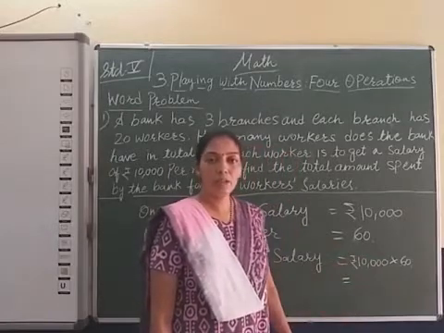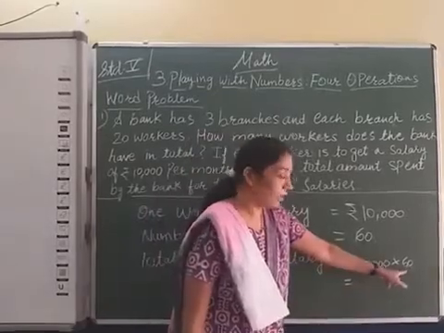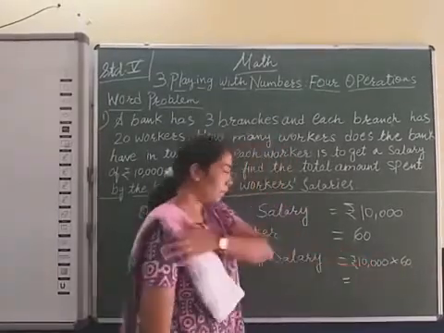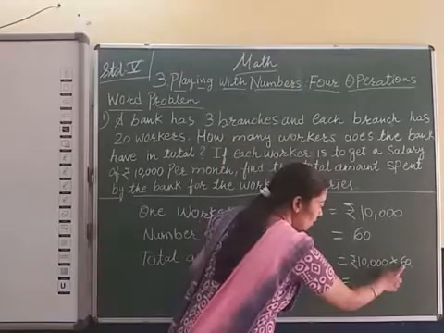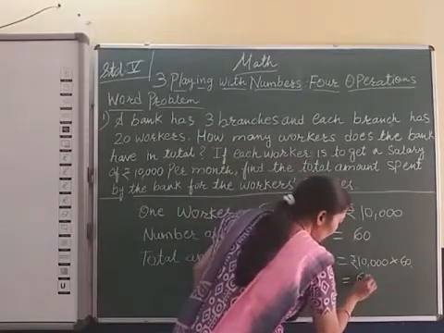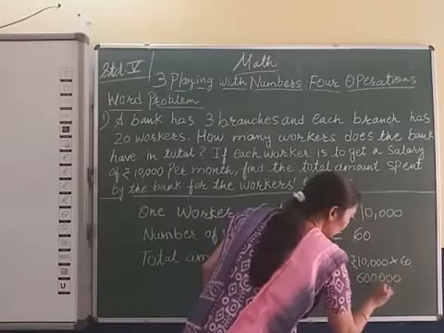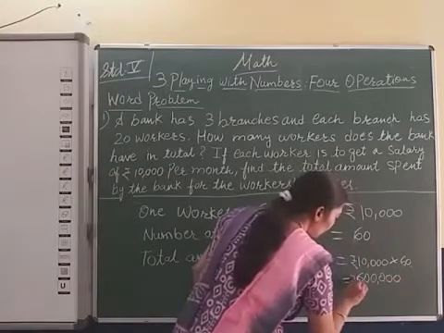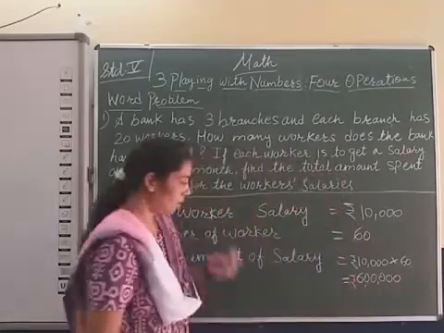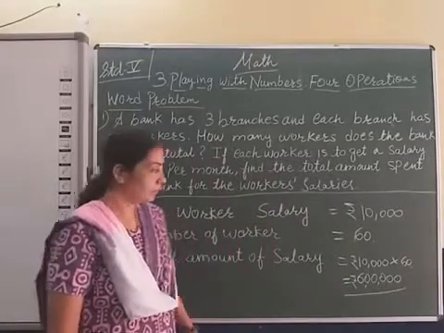We have seen multiplication by 10, 100, 1000. So this way here, 60. We will write here 6 ones are 6 and we will put zeros here. Put the sign of rupees. So this is the final answer, rupees 6 lakhs.